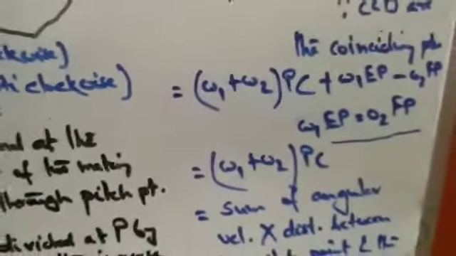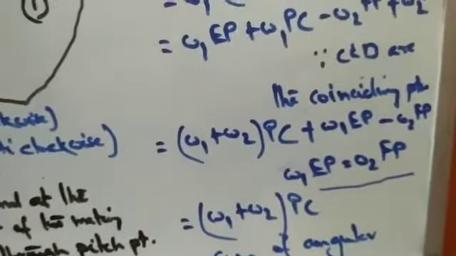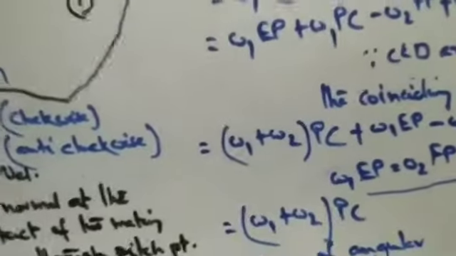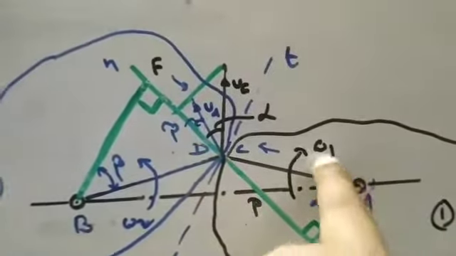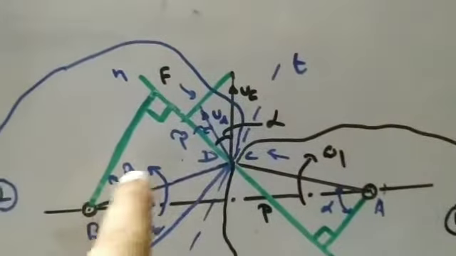Now what are omega 1 and omega 2? They are the angular velocities of gear 1 and gear 2, so omega 1 plus omega 2 is the sum of the angular velocities of the two gears, into PC.